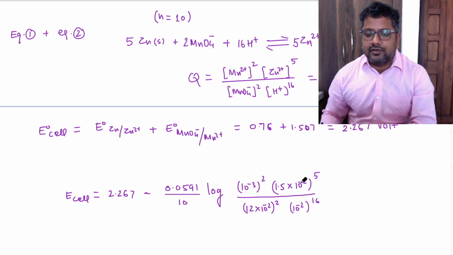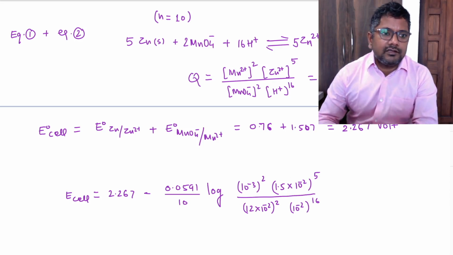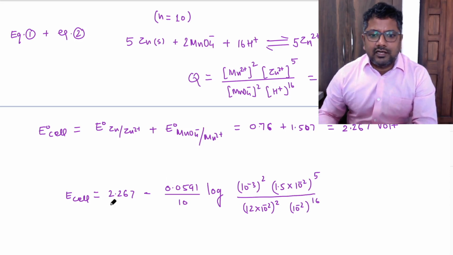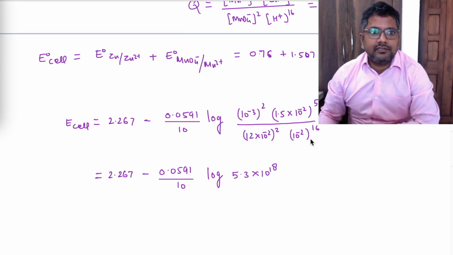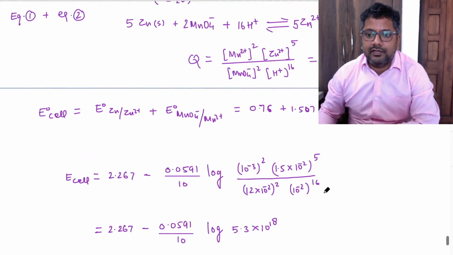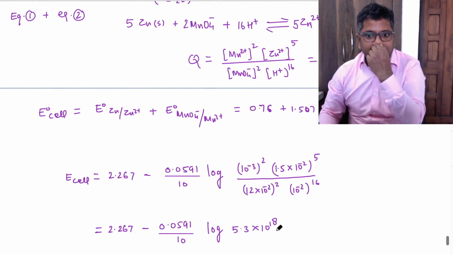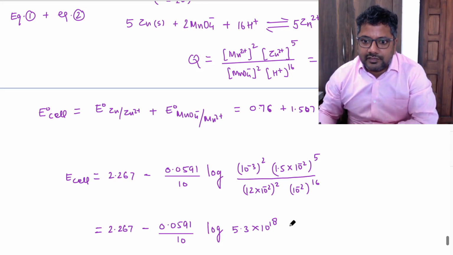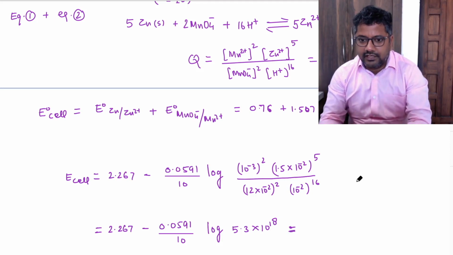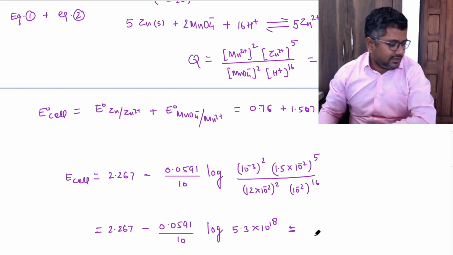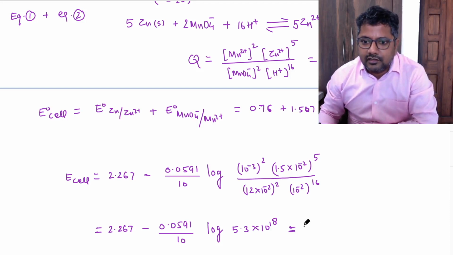I am not going to waste your time, so I will calculate this and then write the answer, right? The calculation of this term will be equal to 5.3 into 10 power 18, and once you solve this completely, the final answer is log of this, 5.38, so I can directly write 2.16 volt.